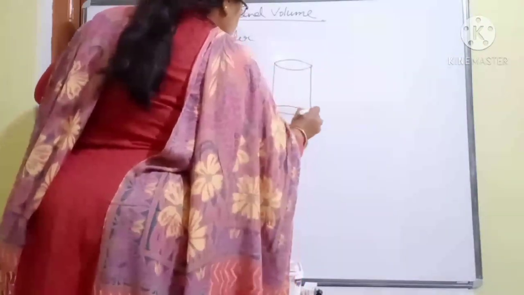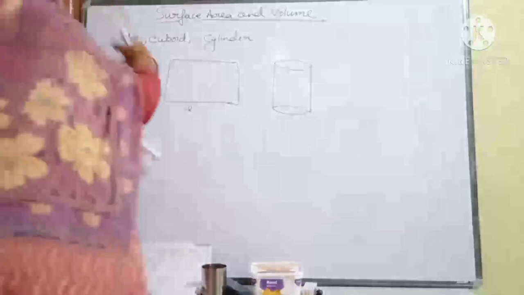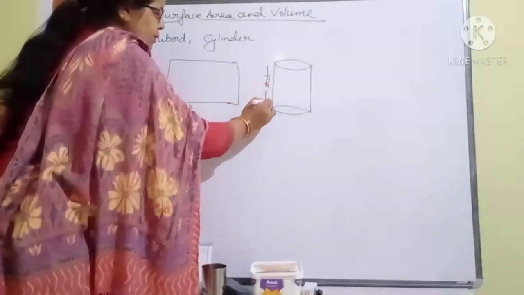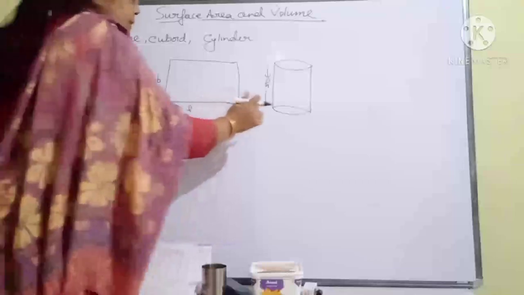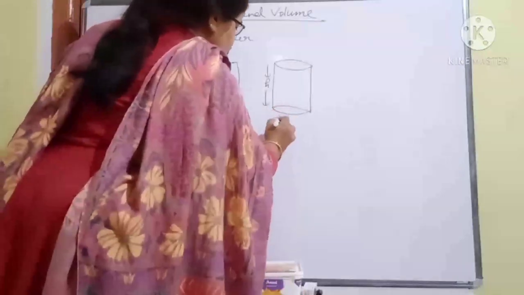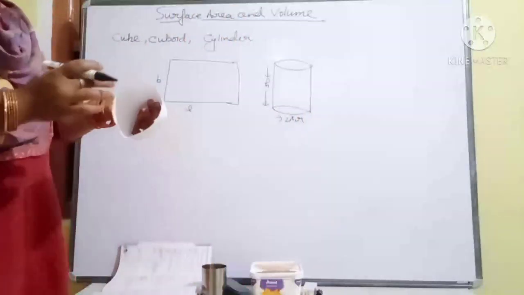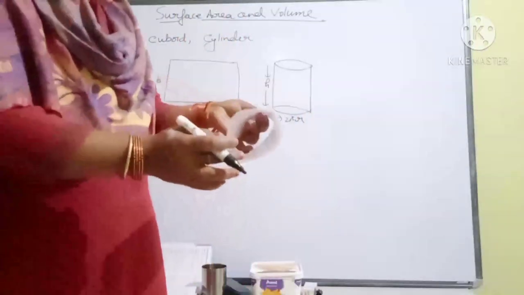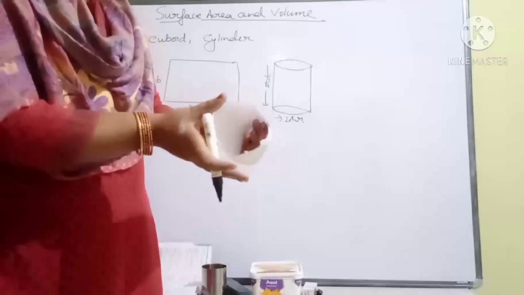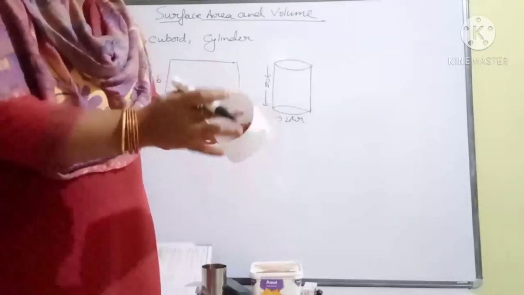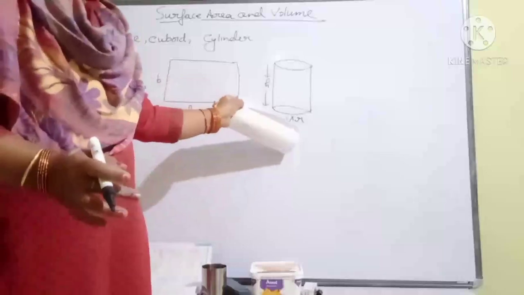So, beta, this breadth is becoming its height now. And this length is becoming its circumference, that is 2 pi r. It is a circular object with a circular base, so its circumference will be 2 pi r.